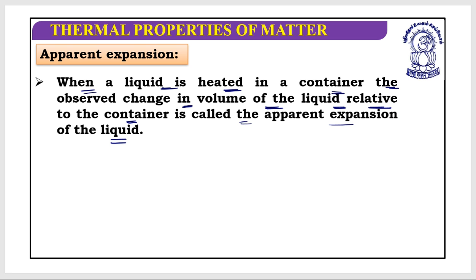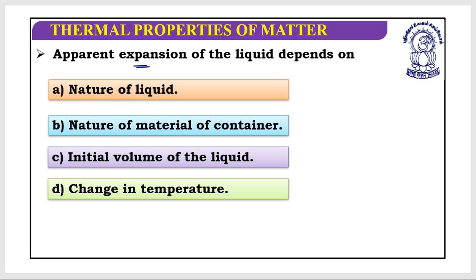Whatever we observe can be considered an apparent expansion. The apparent expansion of the liquid depends on the nature of the liquid, the nature of the material of the container, the initial volume of the liquid, and the change in temperature.